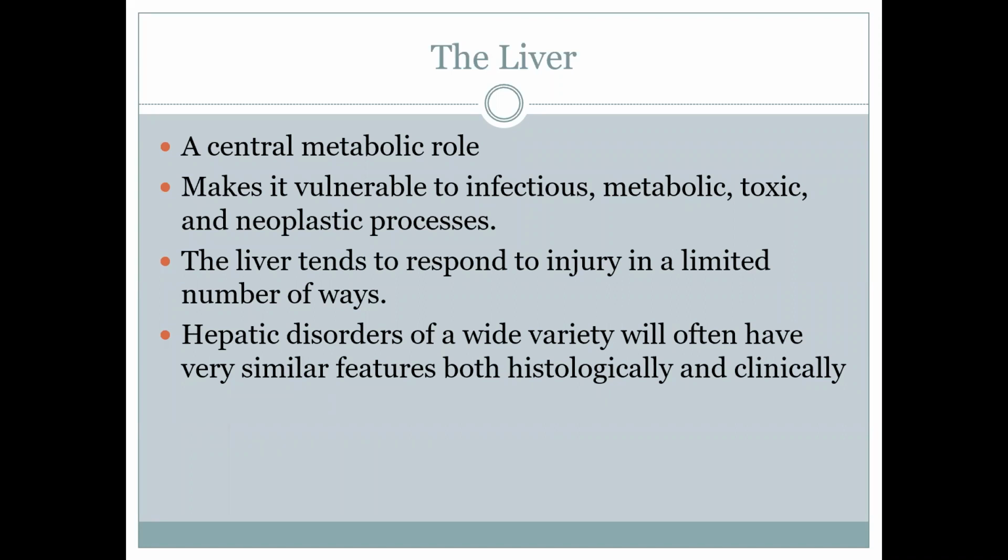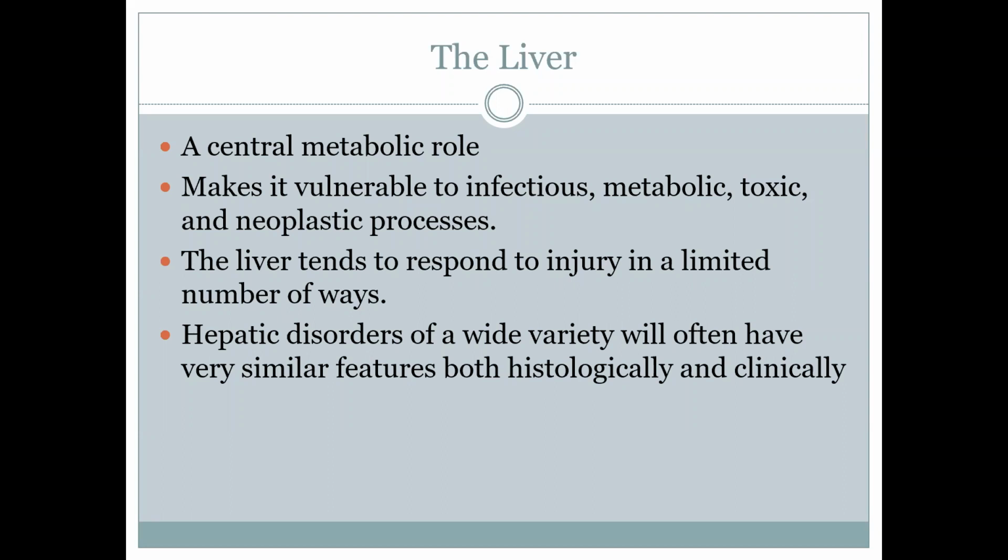Right. So now one unique feature about the liver is the fact that when it is injured, whatever kind of injury that is, whether it is ischemic, whether it is infectious, metabolic, neoplastic even, the response of the liver is going to be in a number of ways that are common to all causes of injury.